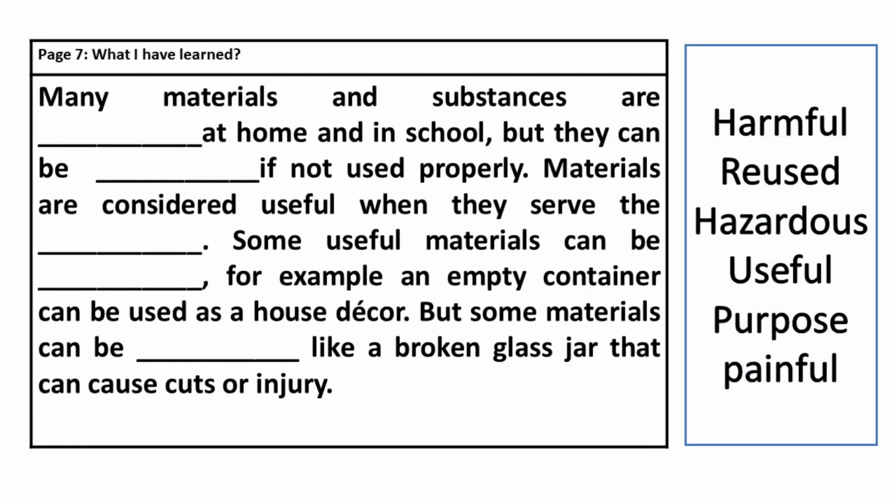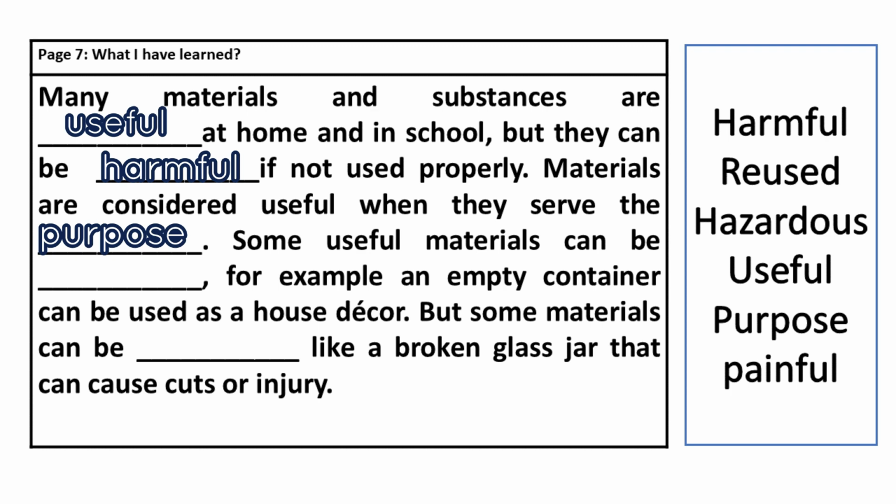Let's have page 7. What I have learned. Many materials and substances are, number 1, useful at home and in school. But they can be, number 2, harmful if not used properly. Materials are considered useful when they serve the, number 3, purpose.